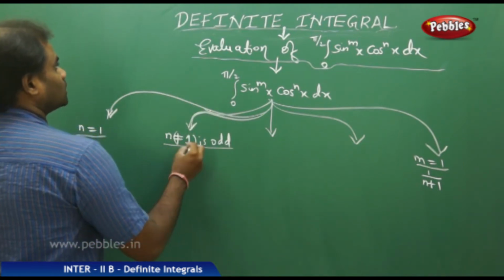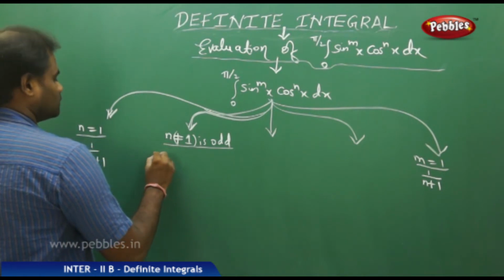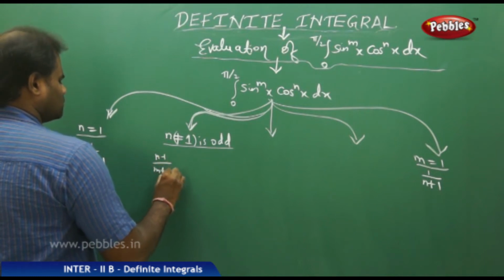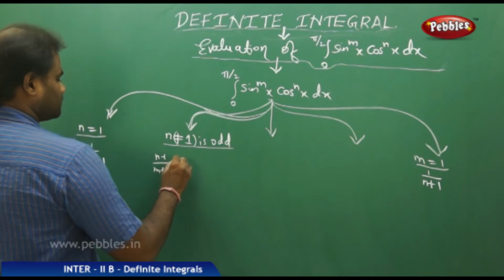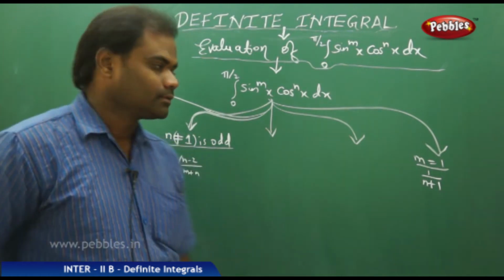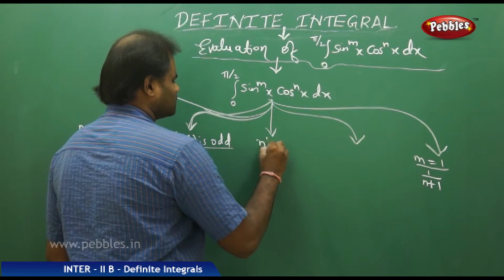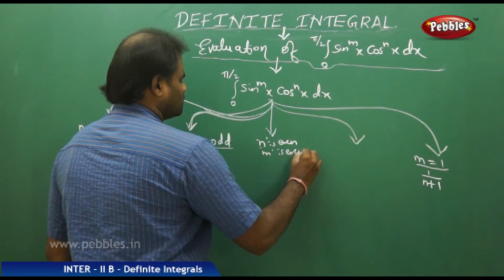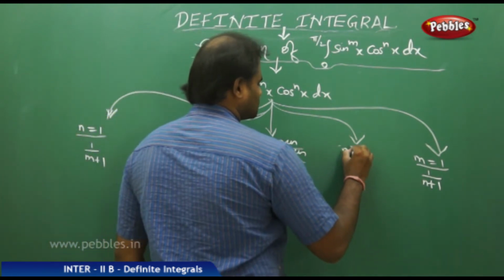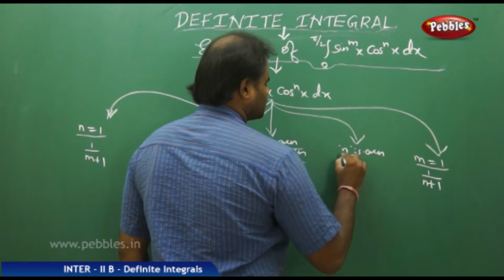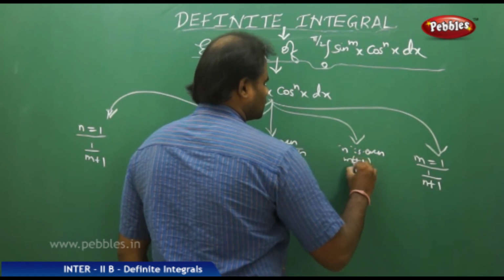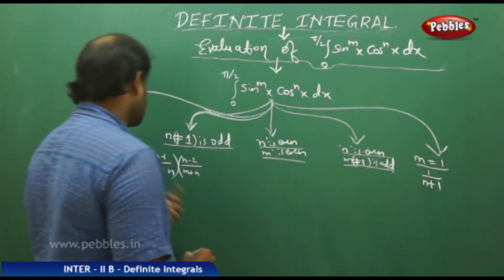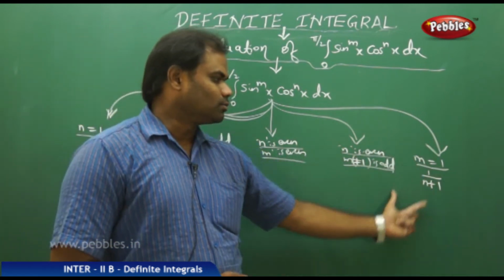If n not equal to 1 is odd, then I have this as n minus 1 by m plus n, and next the third case is n is even and m is even, and next is n is even and m not equal to 1 is odd. So these are the different cases 1, 2, 3, 4 and 5 through which we derive.